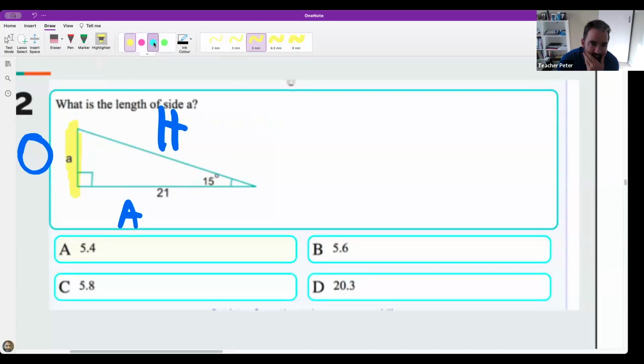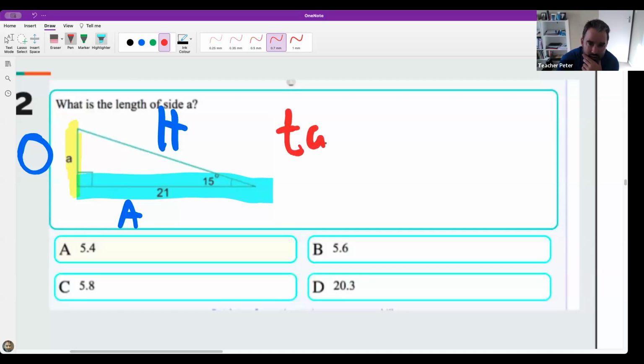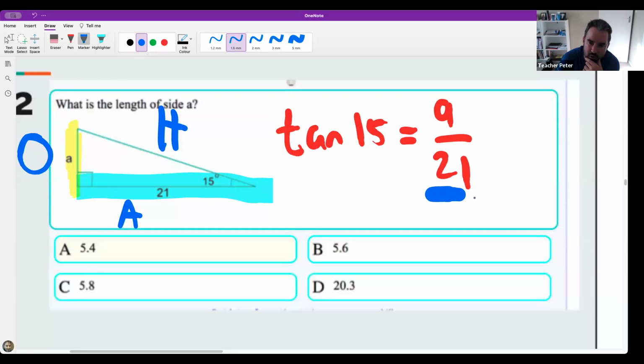The one that I have is here. Okay, so what involves O and A? It's going to be tan. So I'm going to write the tan of 15 is equal to A over 21. And so then this 21 needs to come to the other side.